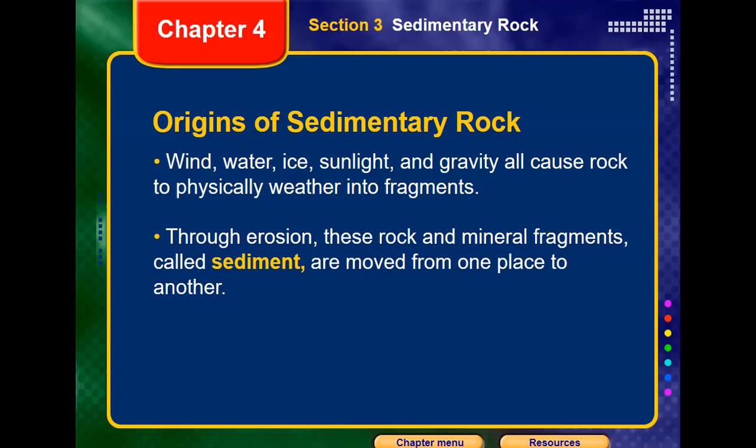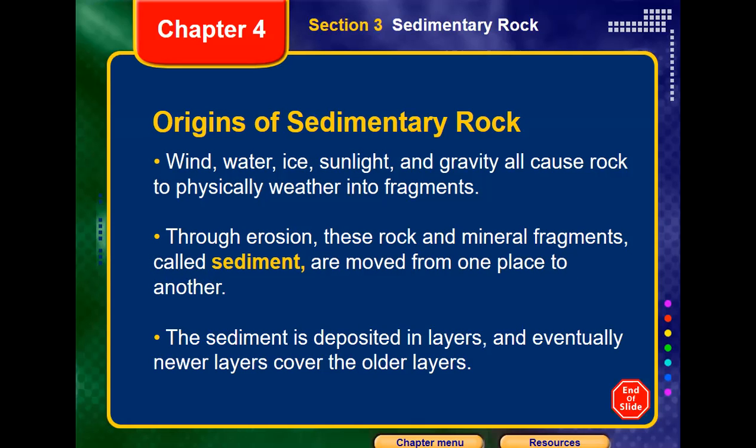Once the sediments reach the new place, the factor which carried the sediments from their position to the new position is not able to push the rocks anymore. The rocks will be deposited. Deposit means they fall down or are dropped in a certain place. The sediment is deposited and forms a layer of these sediments.